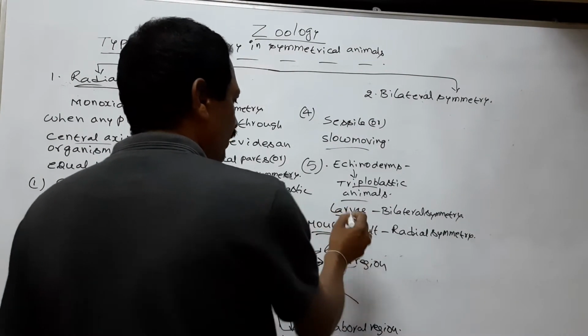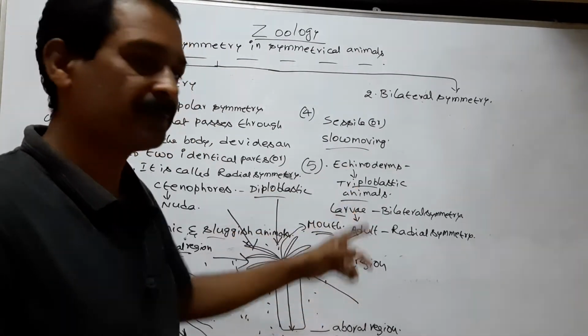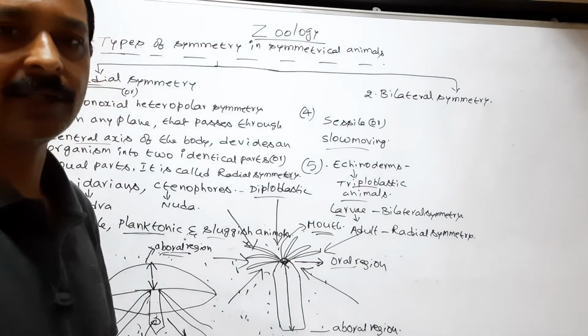Generally, larvae develop into adults. So the larvae of echinoderms develop into adult echinoderms.